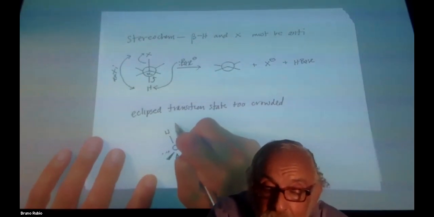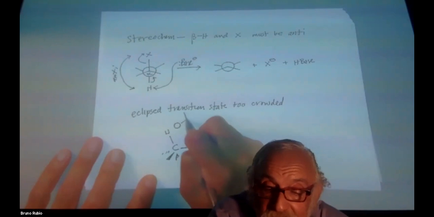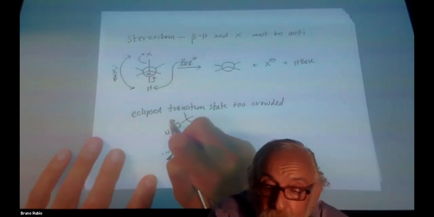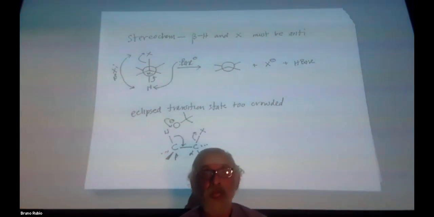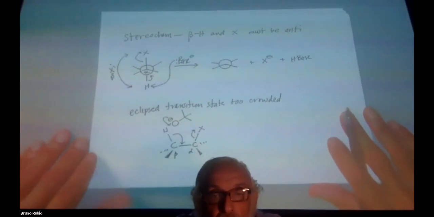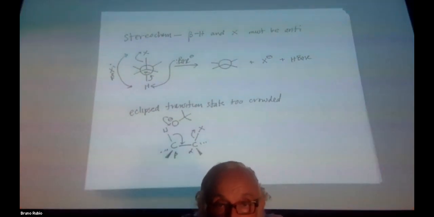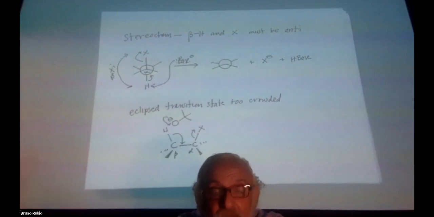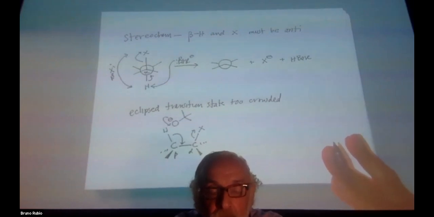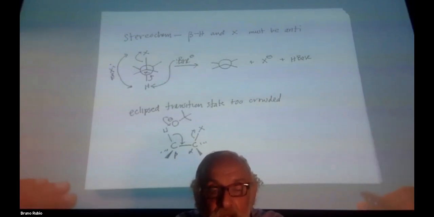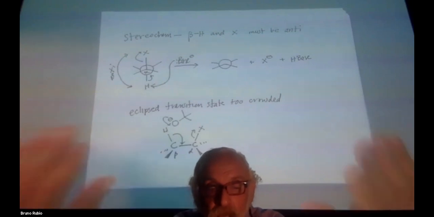And the base, the big bulky base, something like this, trying to pick up this proton here. Just too crowded. You see how I put that big t-butyl chicken foot up there on the top? That's going to get in the way of the leaving group as it leaves. So the transition state and the stereochemical requirement for the E2 is that the beta proton and the leaving group on the alpha carbon must be anti to each other.